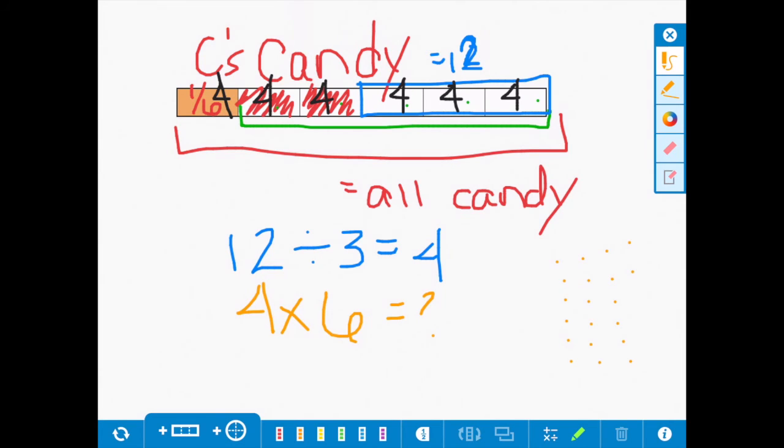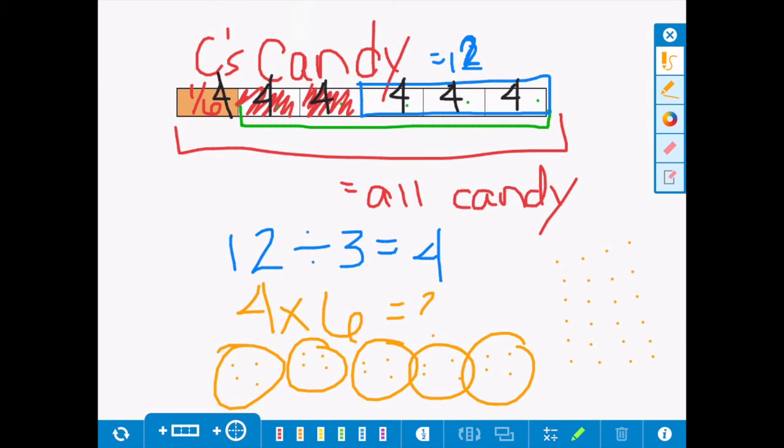And they could do it that way. Maybe they're doing 4 groups of 6, or 6 groups of 4, pardon me. I'll do the other one over here. Either way, they have some options to show their work, and then they can come back and say that she had 24 pieces of candy to start with.